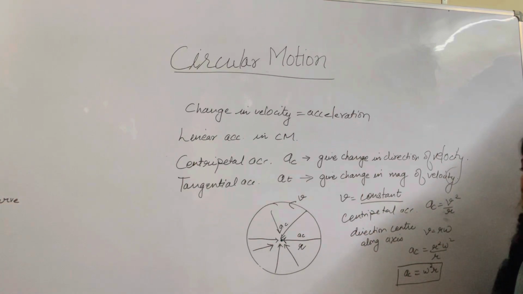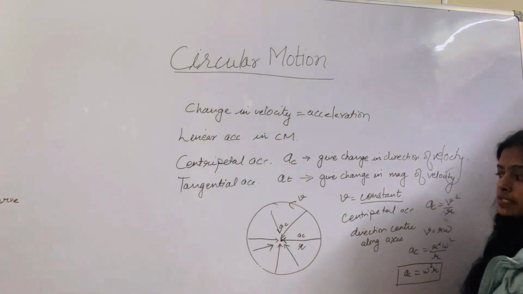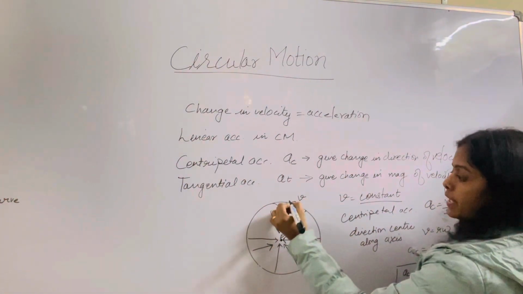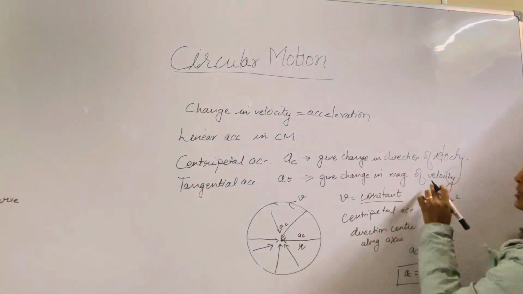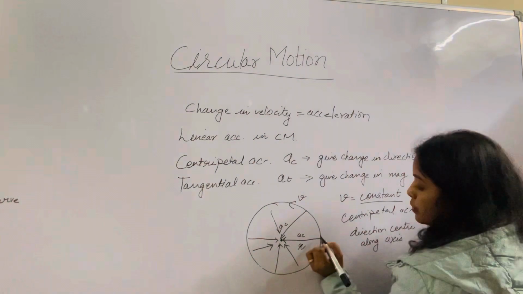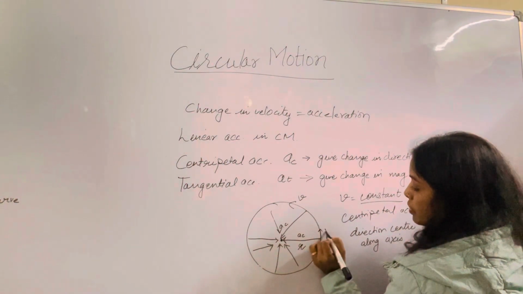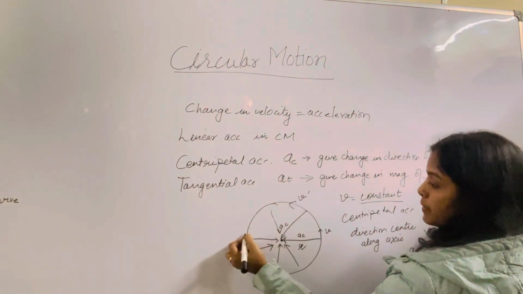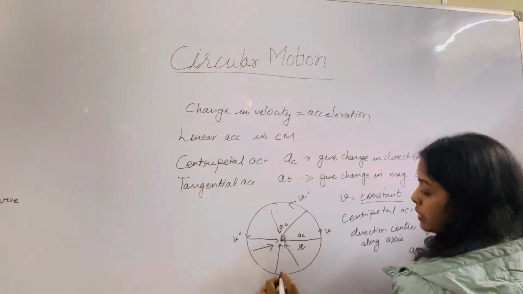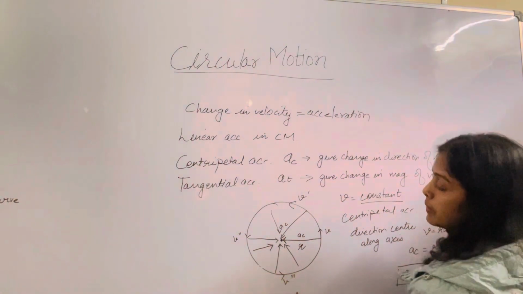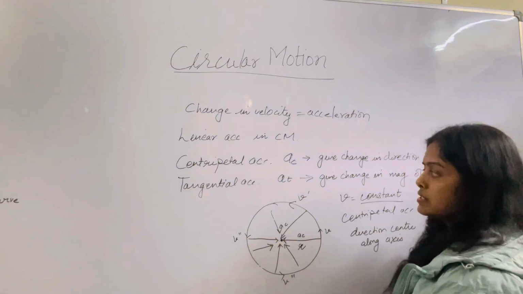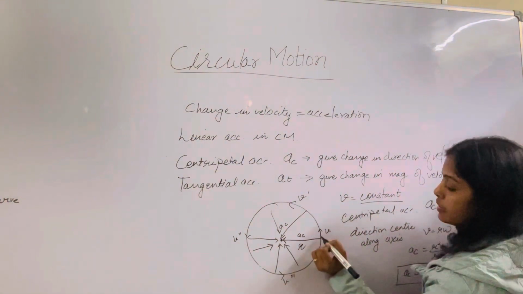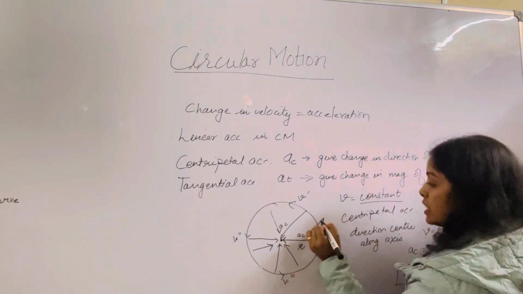Next is the tangential acceleration. Tangential acceleration comes into account when there is also a change in the magnitude of velocity. Suppose at this point we have a velocity v, then at this point v prime, then v double prime, then v triple prime. That means the magnitude of the velocity keeps on changing. At that point we have tangential acceleration.